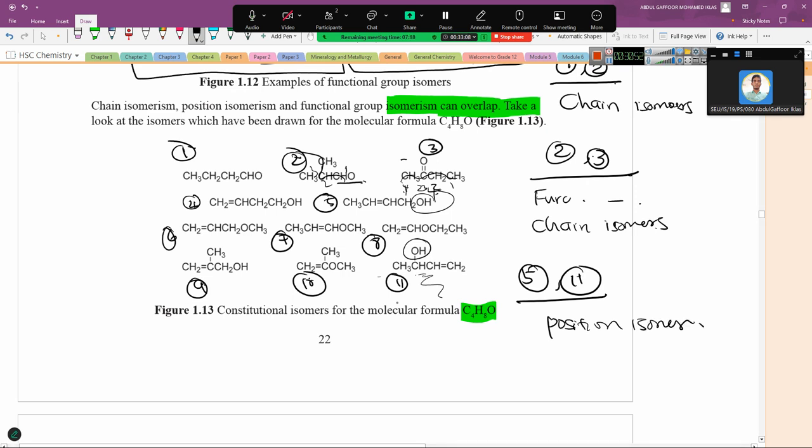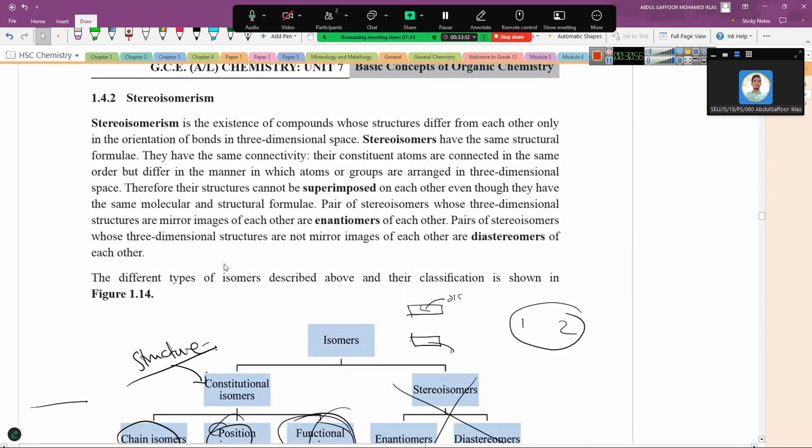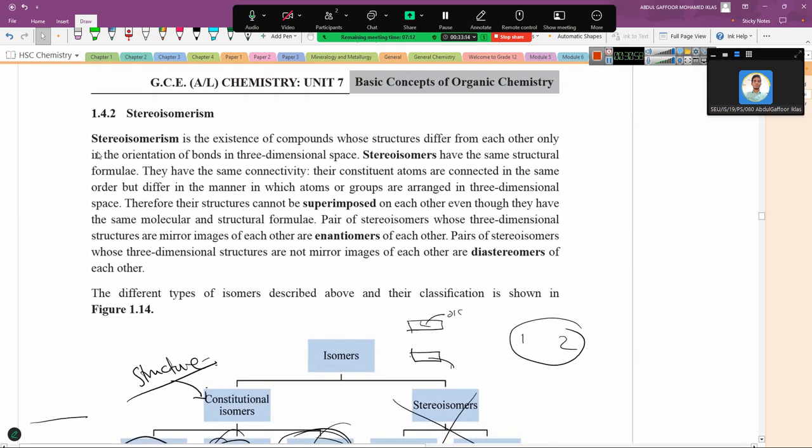Very simple. Okay, and now we will move to the stereoisomers. You can just read it. Stereoisomerism is the existence of compounds whose structures differ from each other only in the orientation of the bonds. So here we should have a double bond carbon, and we have E-Z combinations and all.